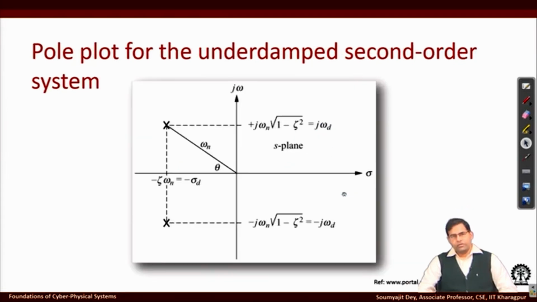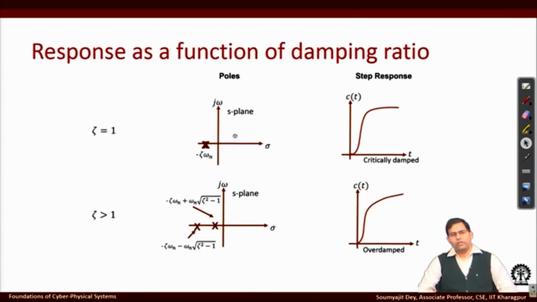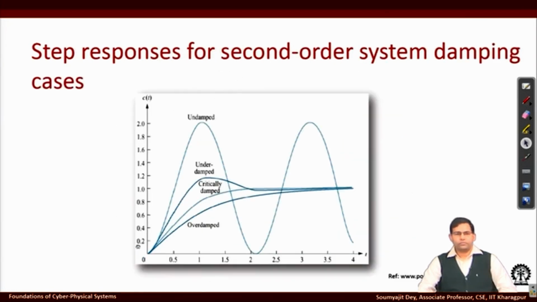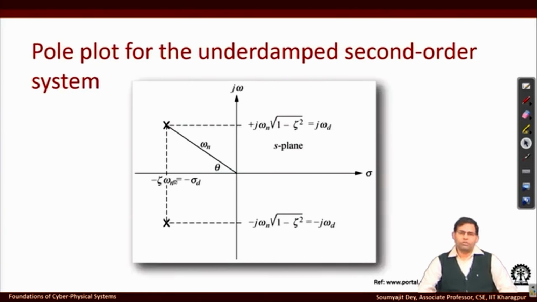So, for the underdamped case, the zeta value is taken between 0 and 1, so that you have complex conjugate poles, where the imaginary parts have the same magnitude but opposite signs, as you can see, and the real part is negative.